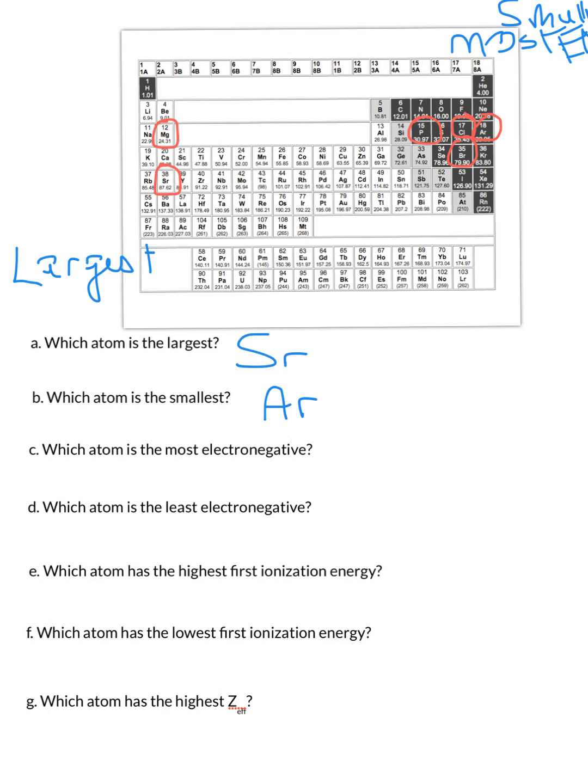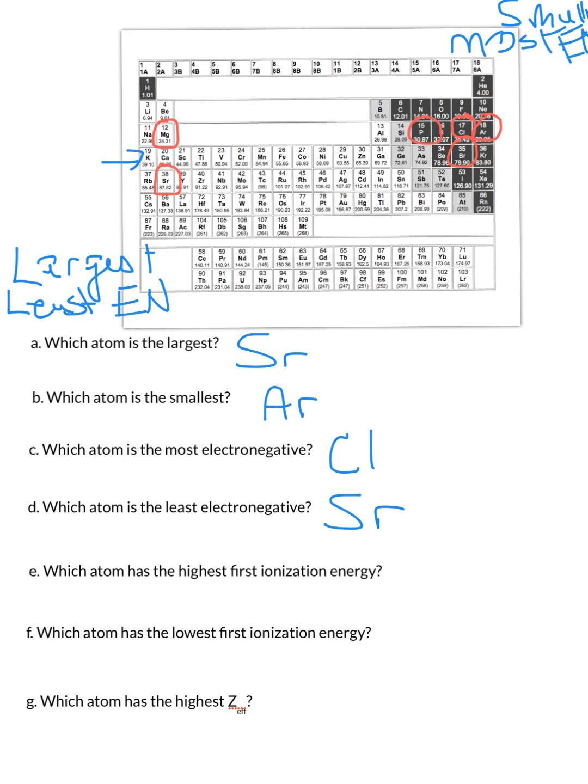That's because argon's electron will immediately go over here into the 4s orbital. So when we look at most electronegative, we're not going to look at noble gases, and we want to focus on chlorine. For least electronegative, there we're going to focus on the lower left, and our answer is again strontium.